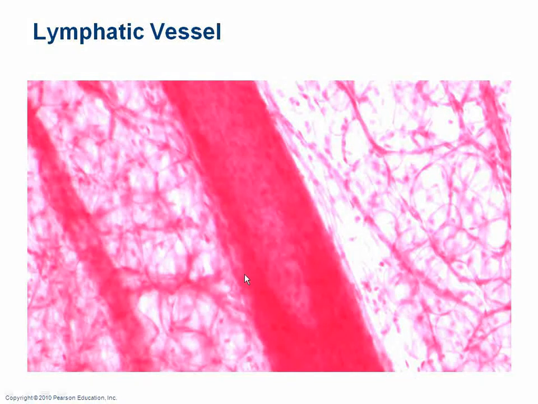Here is a lymphatic vessel, right here. Right here is where the valve starts. Can you see it? It's a little thicker here, and really, realistically, it starts right about here, and it comes in there.